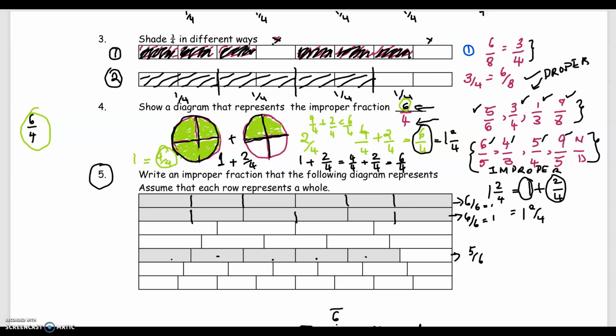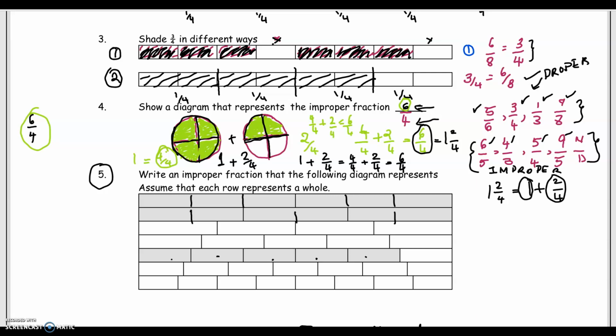We have 2 full bars. Each bar is a whole. So we have 2 full bars shaded and a little more of another bar. So we have 1 whole, we have another whole, and then we have a fraction.